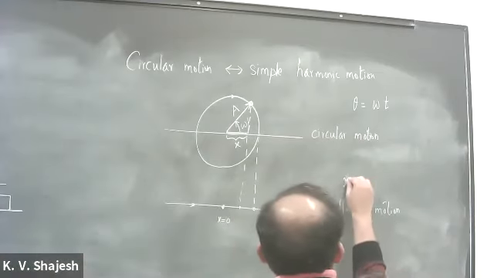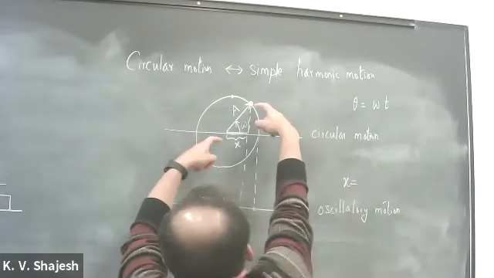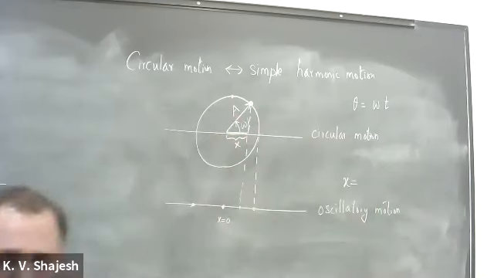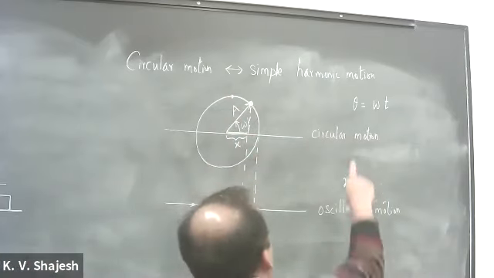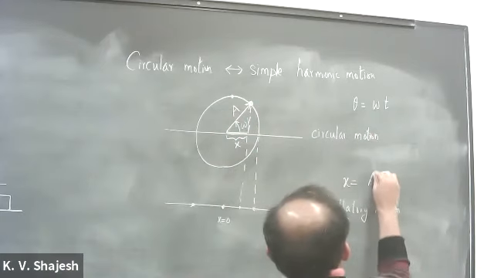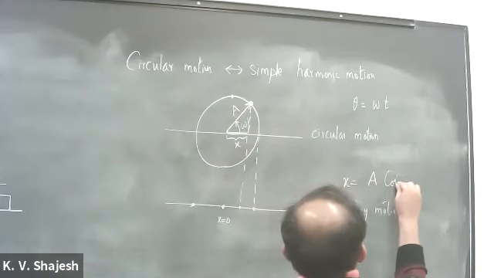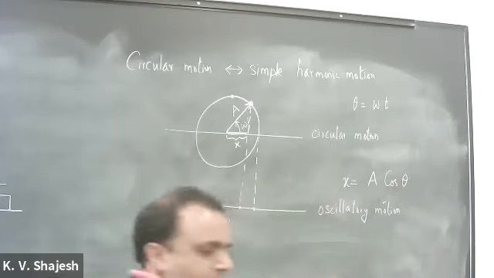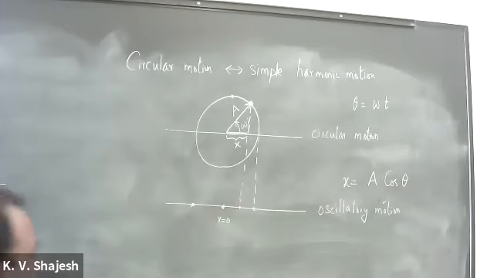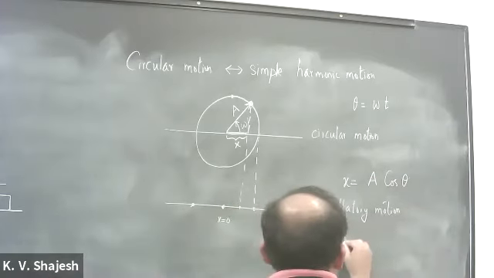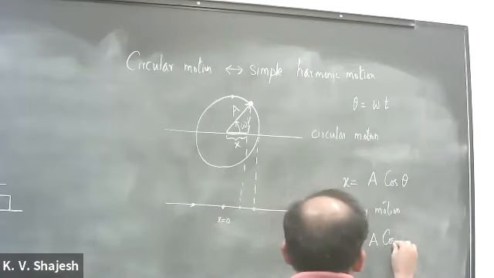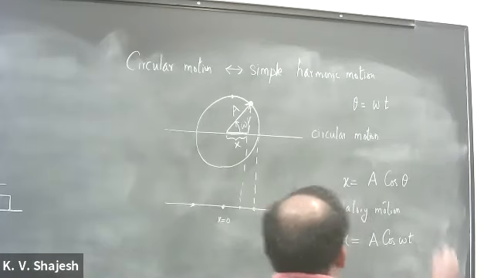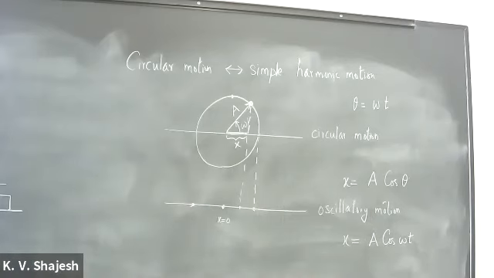So what is x here? So x is equal to, if that's a, we know how to project it in the x direction. It is cosine of the angle, but the angle is time dependent, right? Angle theta. So this is a times cosine of theta, but theta is omega t. So x is equal to a times cosine of omega t.